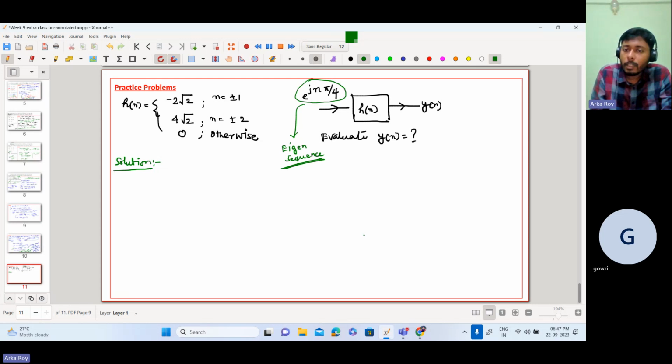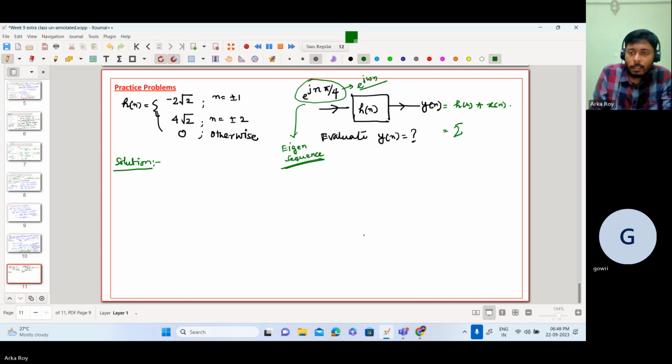Given an eigen sequence as an input to a system, the system output is the convolution between the impulse response or the unit sample response and the input. So I can just write it as h of n convolved with x of n, where x of n is given as e to the power j n pi by 4. Let me take this pi by 4 as omega, e to the power j omega n. So you might now get the idea of how to proceed with this question.